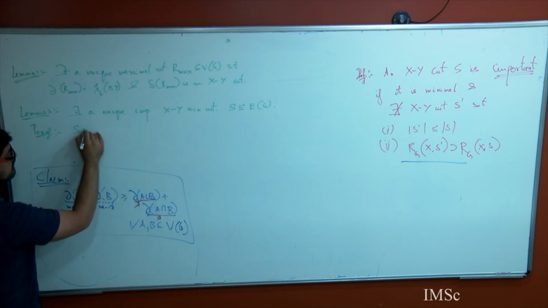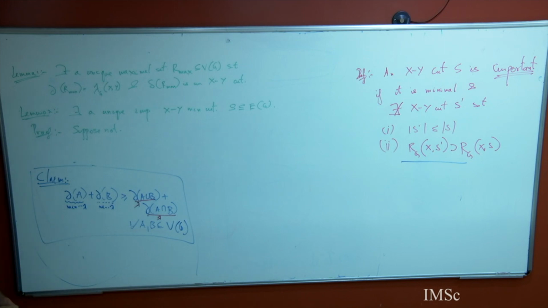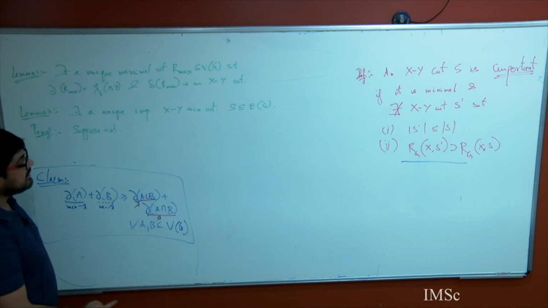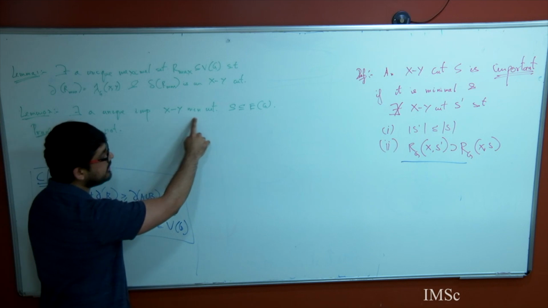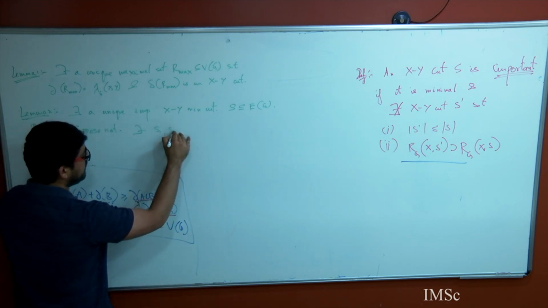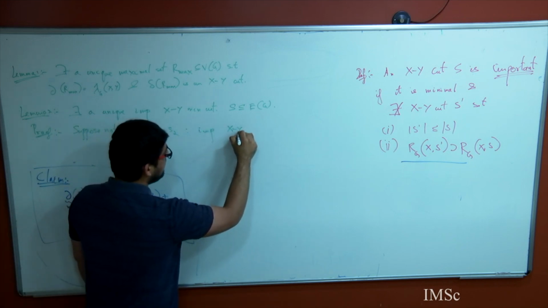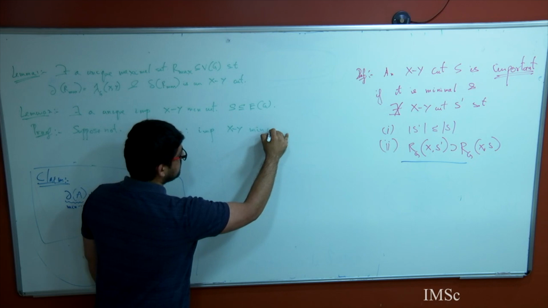Again, suppose not. Which means that there are at least two important xy min cuts, right? So there exist S1, S2. These are both important and they are xy min cuts.